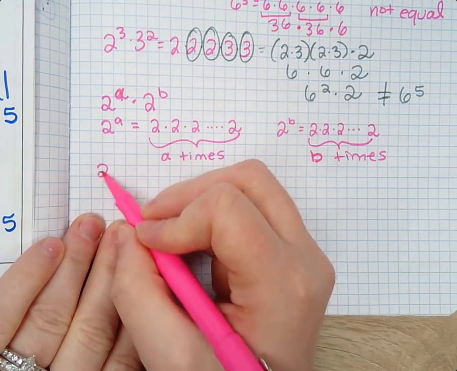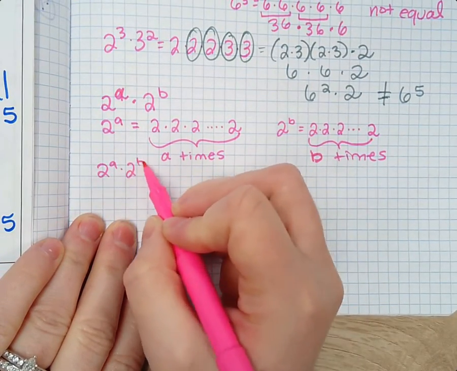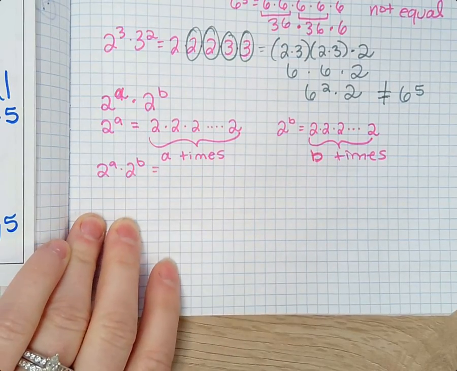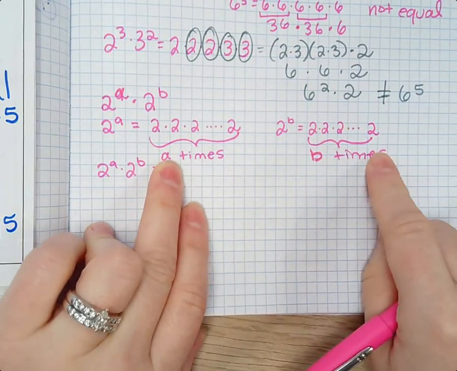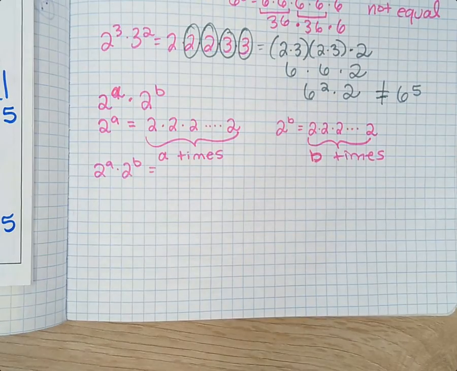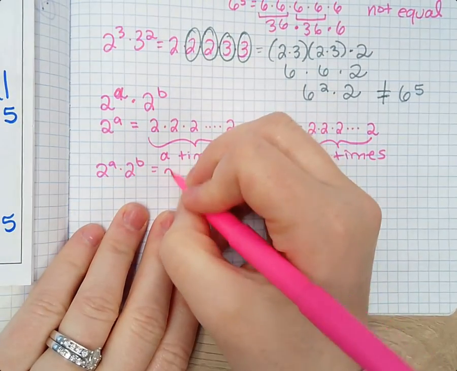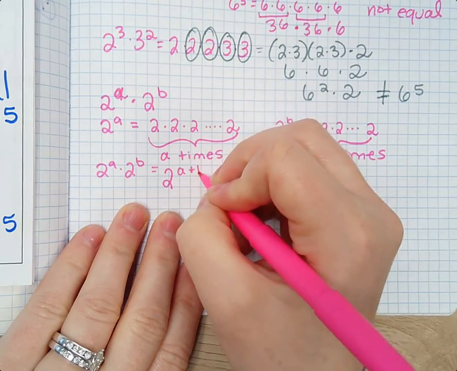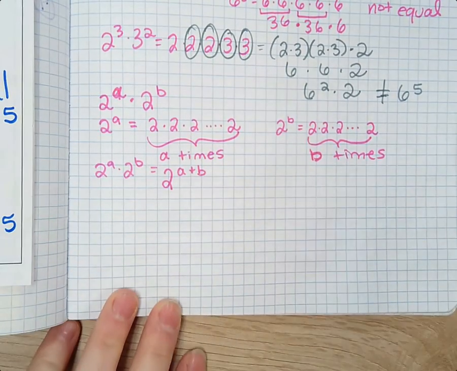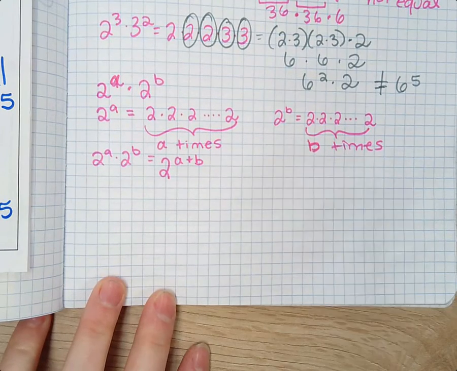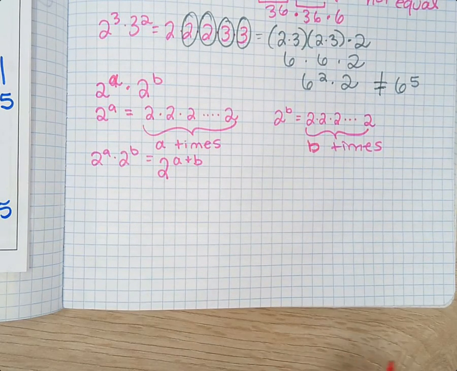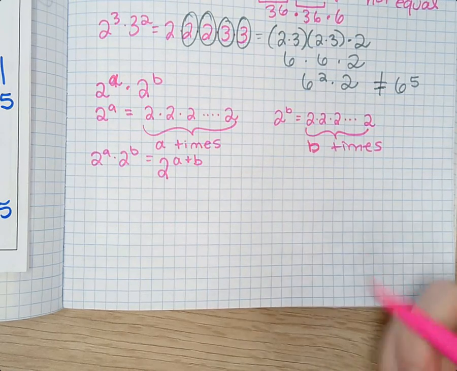So then 2 to the a times 2 to the b, it's like our bell ringer. We would just add our a and our b, and that would find out our total number of times that 2 is being multiplied. So this is 2 to the a plus b. So you can have an operation up there in that exponent. You don't just have to have a number or a variable. You can put an operation up there like addition.